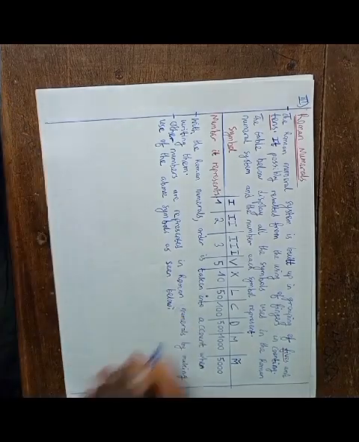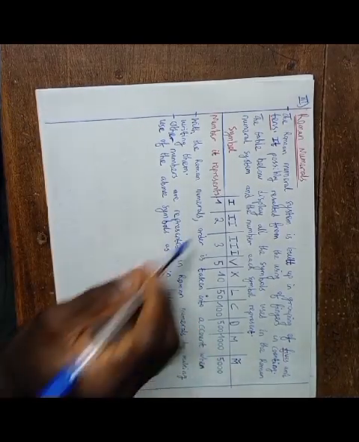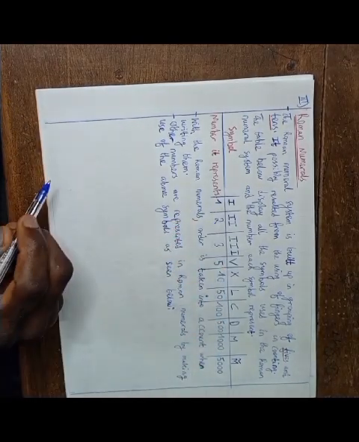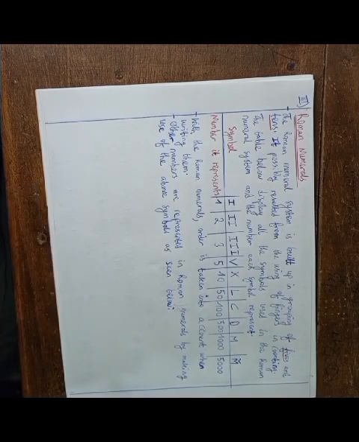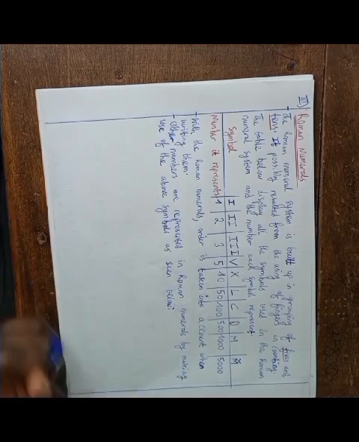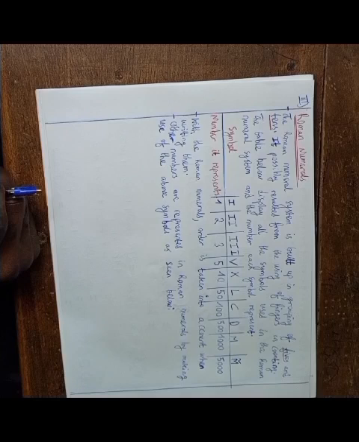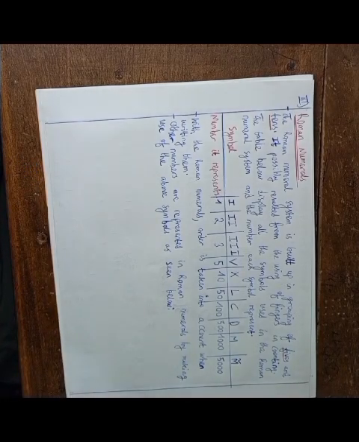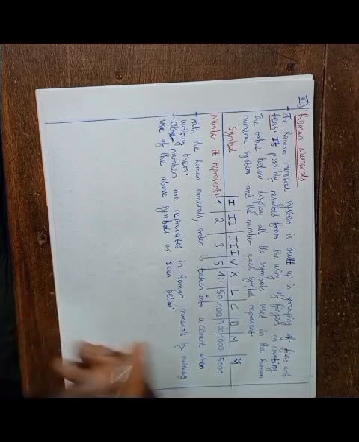So we are going to see how to represent other numbers using these above symbols. For example, how to represent the number 4, the number 6, number 7, number 9, 13, and so on.